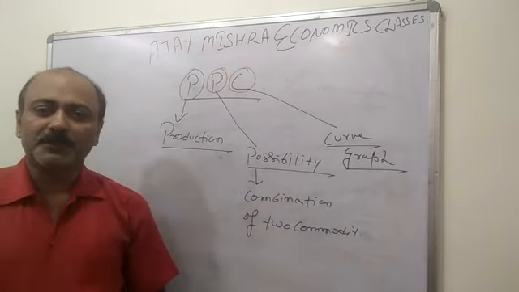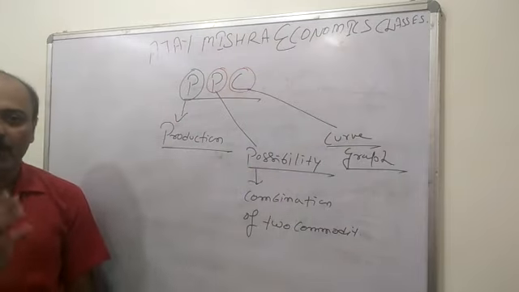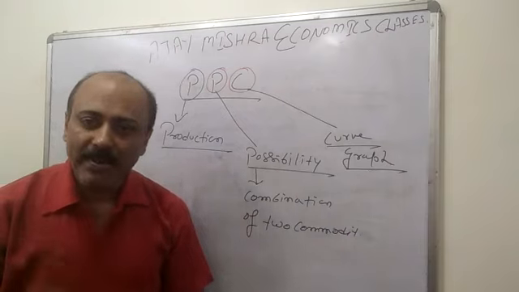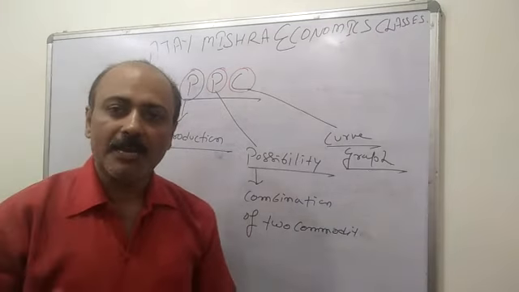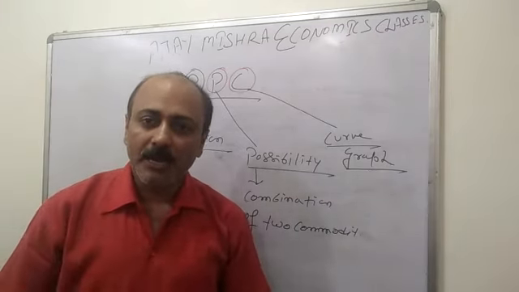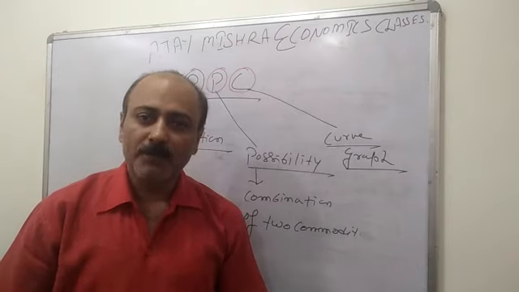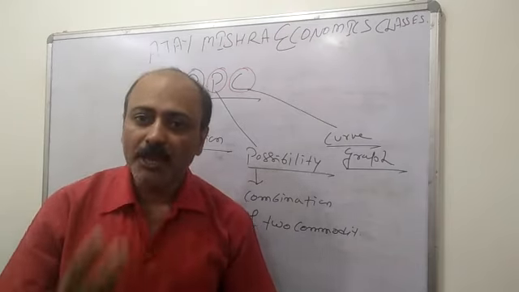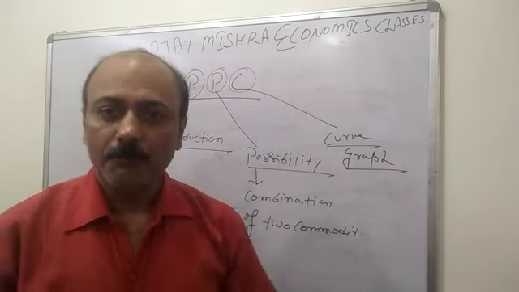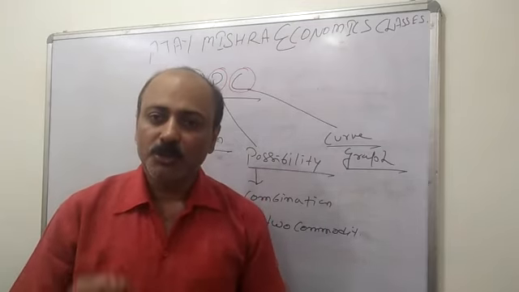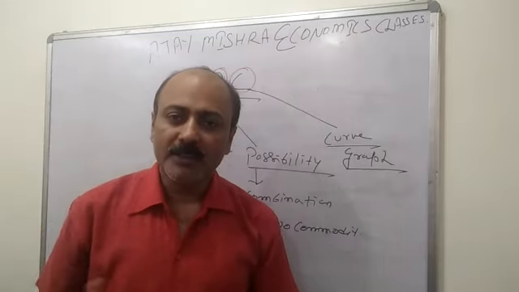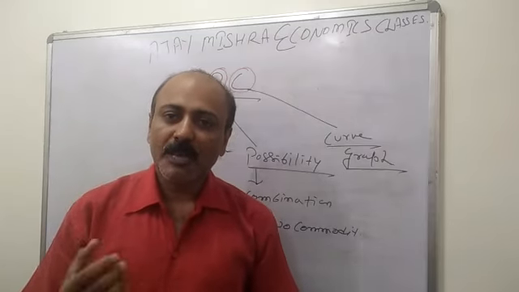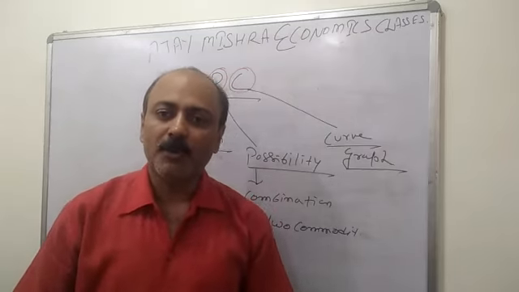Before starting PPC, once again, students remember, whenever we present any particular thinking, any particular behavior in economics, we always keep the relationship between 2 economic variables only, between 2 data. For example, in production we take 2 commodities only.